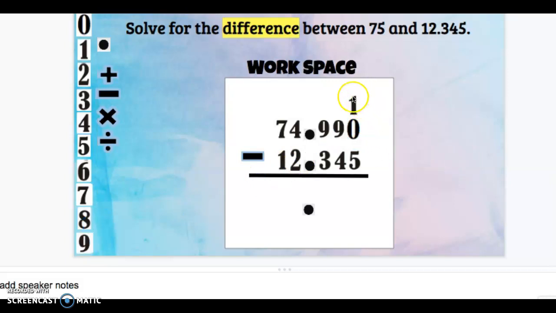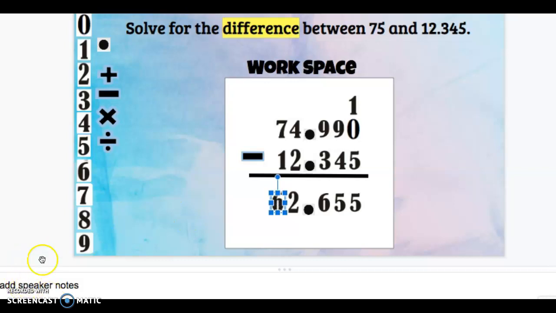So now I have to do 10 minus 5. 5. 9 minus 4. 5. 9 minus 3. 6. 4 minus 2 is 2. 7 minus 1 is 6. So you get your answer of 62 and 655 thousandths.